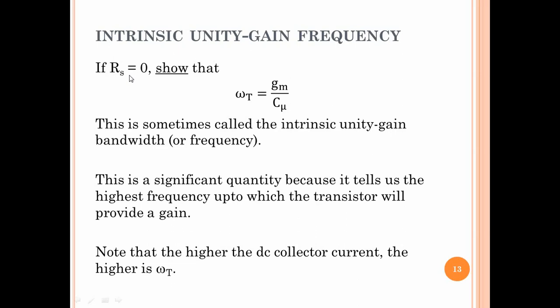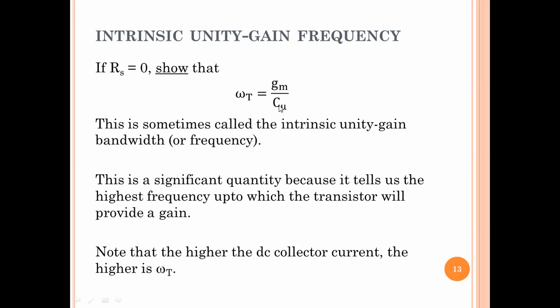If RS is 0, we assumed that the source resistance was not 0. If we assume RS is 0 and solve this circuit again, meaning start from the beginning, derive the transfer function and find the frequency at which the gain becomes unity, we will find that the unity gain frequency with RS equal to 0 turns out to be Gm by C mu.